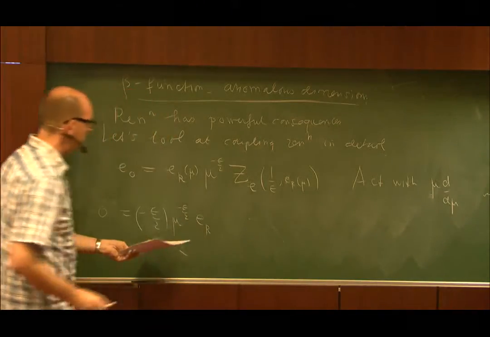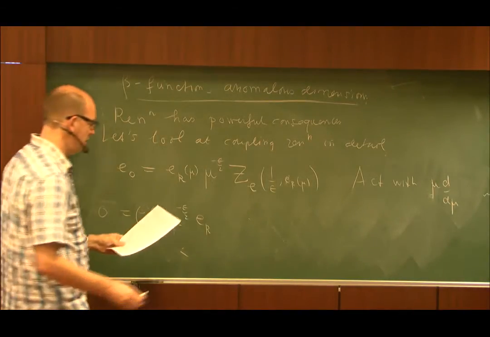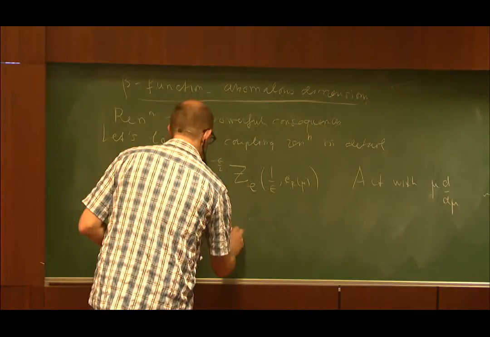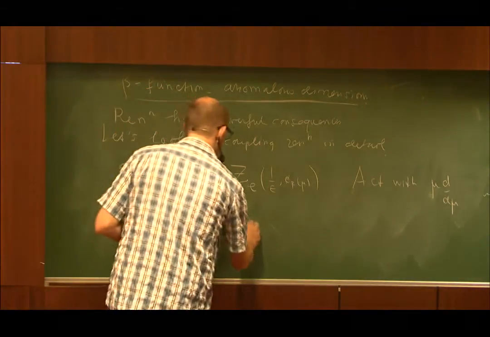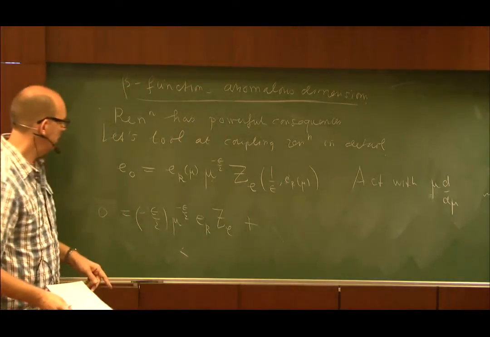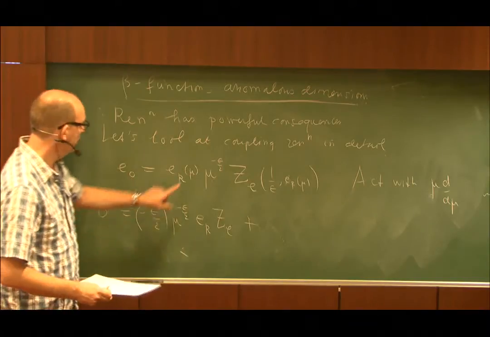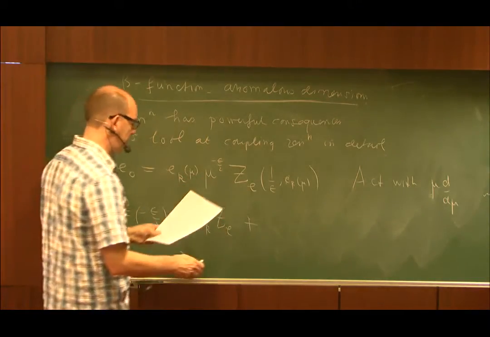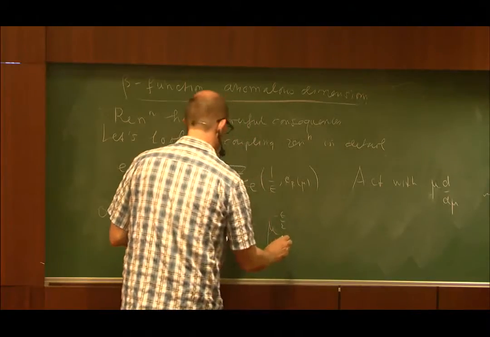I will not always indicate the mu dependence of ER, it's there, times ZE, plus, and now I act with d d mu on the E times Z combination, I get then minus epsilon over 2.